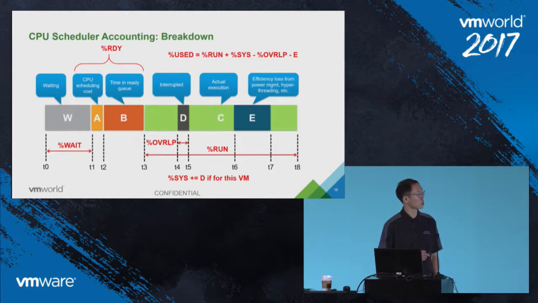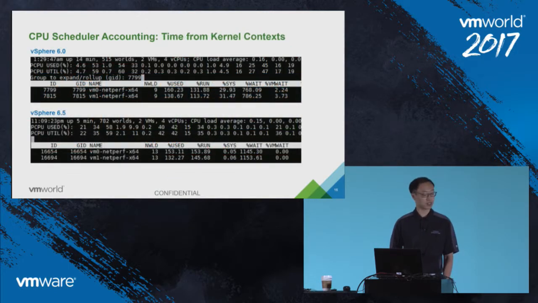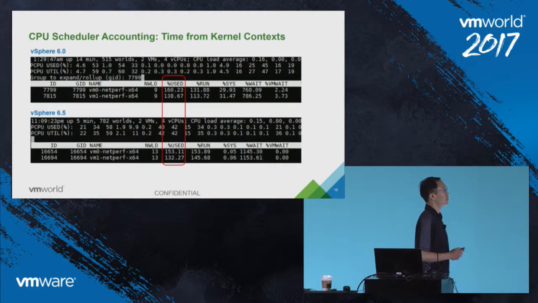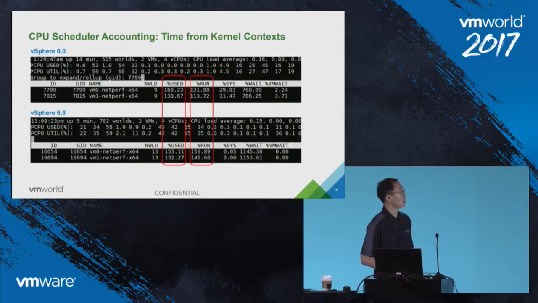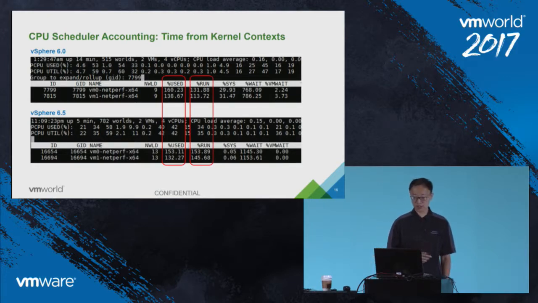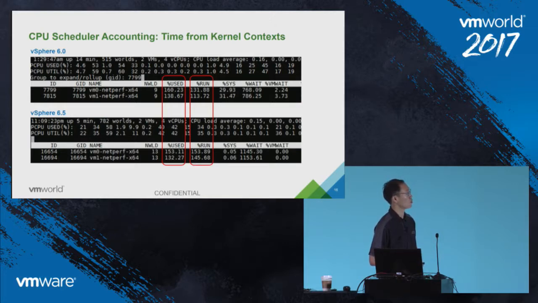So we talked about used and talked about run. So what about system time? Here are 2 screenshots from vSphere 6.0 and 6.5. Let's see if you can spot the difference. 2 VMs running NetPerf. Let's, for argument's sake, assume these 2 are using the same amount of CPU. The difference is that in 6.0, the runtime is 130, but used time is 160. But in 6.5, the used and run are approximately the same.